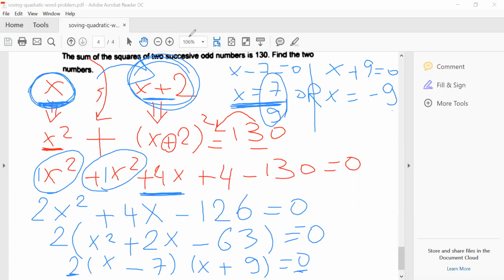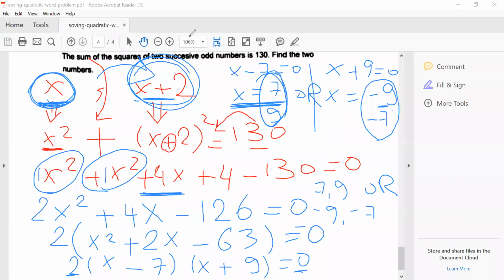So the 2 successive odd numbers are 7 and 9. This is one of the solutions. But when x equals negative 9, negative 9 plus 2 gives you negative 7. So these are also 2 successive odd numbers. So the solution may be 7 and 9, or negative 9 and negative 7.